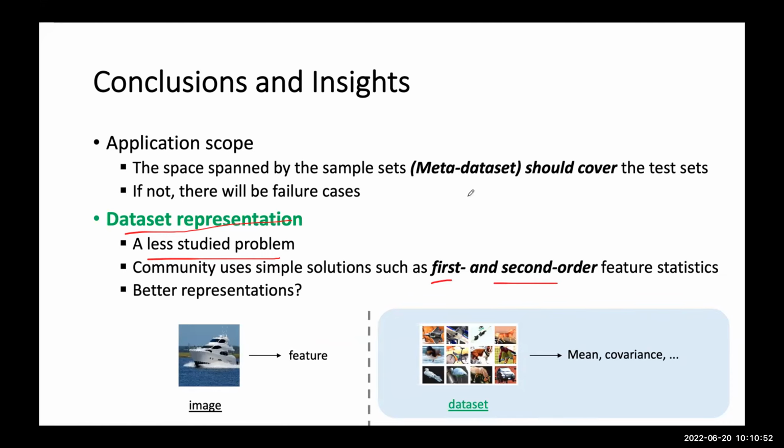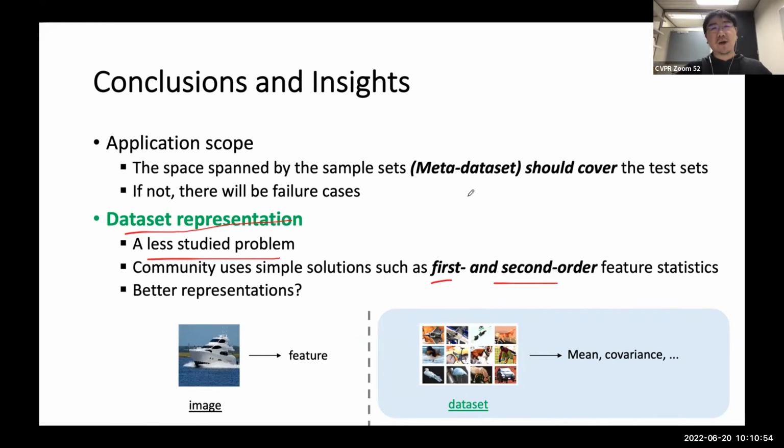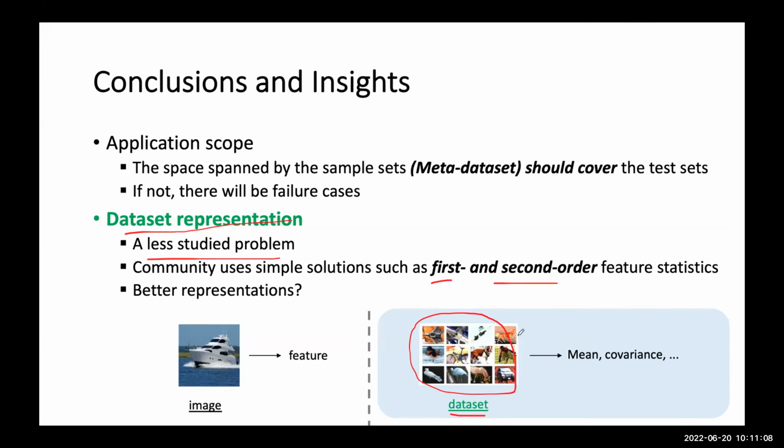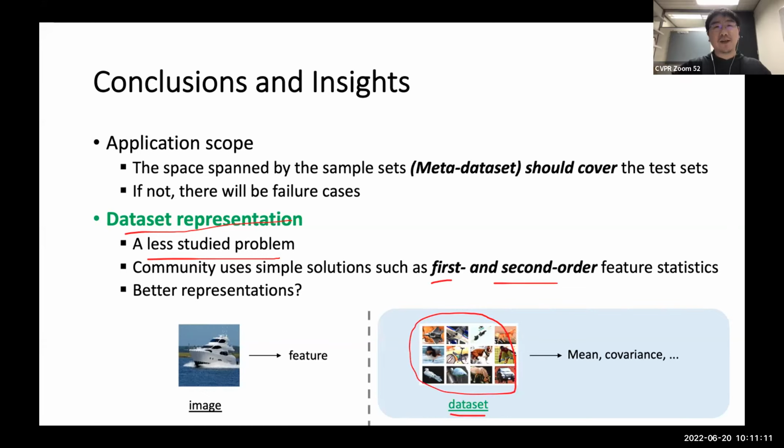So the question is, can we find better representations of datasets? This is very challenging because a dataset is composed of lots of images, so it's much harder to encode a dataset than to encode a single image.